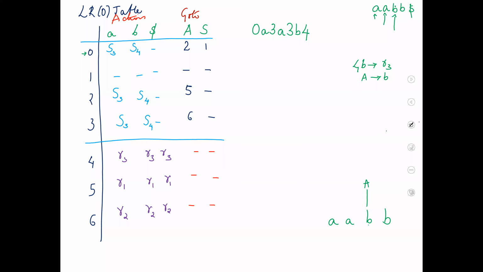So now the reduction is done. Now you have to pop from your stack. What do you pop from the stack? Before I forget, I've replaced it with a capital A, so I'll write a capital A over here. Now look at the right-hand side. You have replaced only a single b.